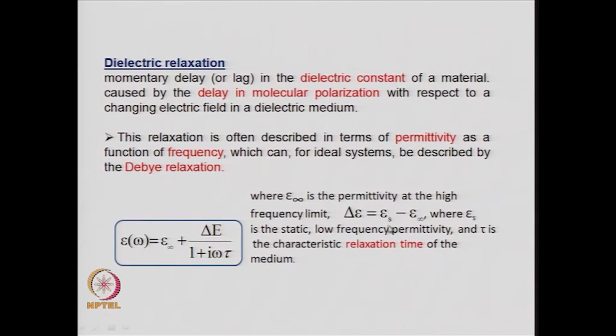The difference between the high frequency dielectric constant and the static dielectric constant is this delta epsilon, given here, and epsilon s is the static or low frequency permittivity, and tau here is the characteristic relaxation time of the medium.